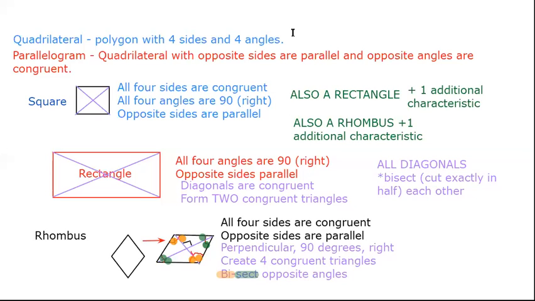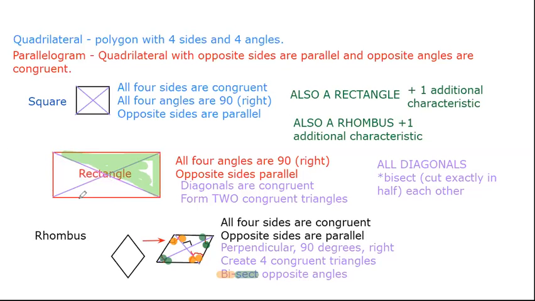If we look at this triangle, we're only going to consider one diagonal at a time. That triangle is going to be identical to this pink triangle, because a diagonal of a rectangle forms two congruent triangles. Not four congruent triangles like a rhombus, but just two.